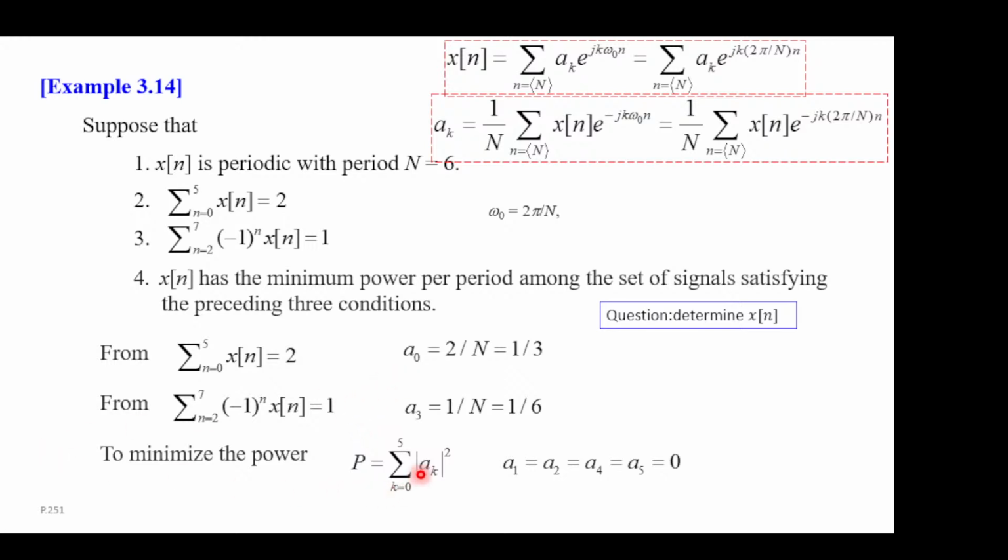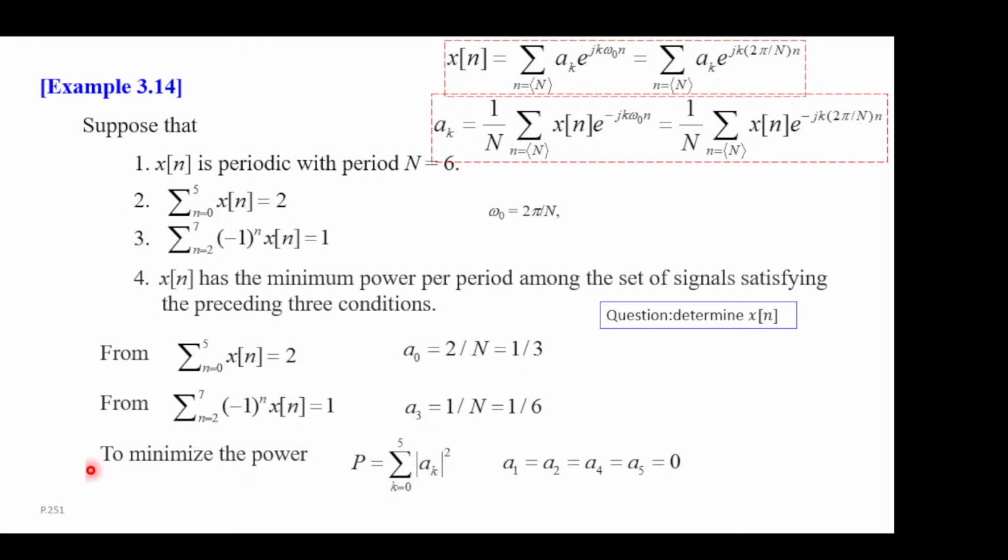Okay, so this is the power per period. The power per period from the Parseval relation is actually equal to this. I guess it's the energy in one period, so this is not quite power. This is power times the period in the frequency domain.